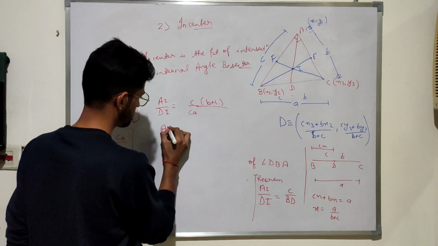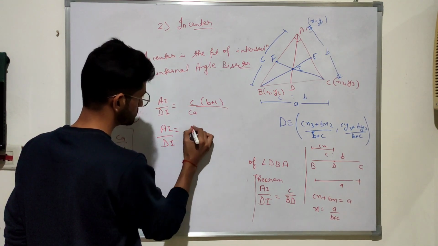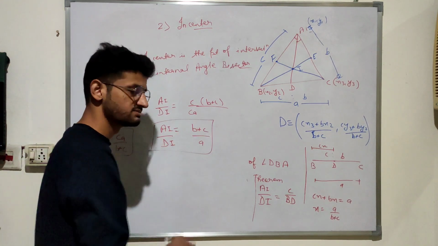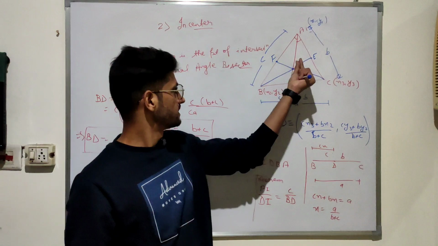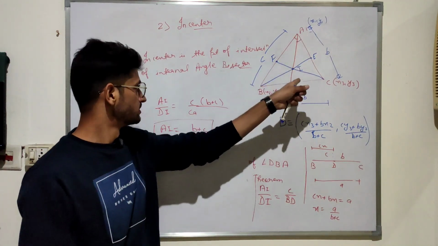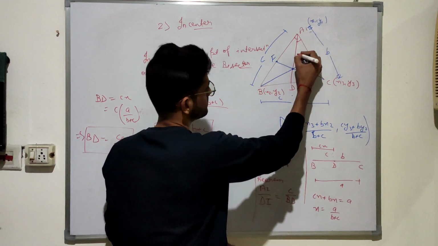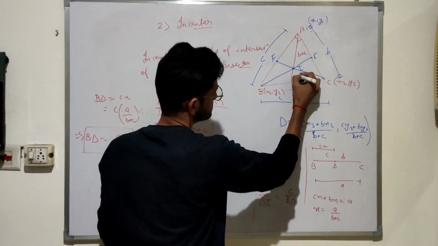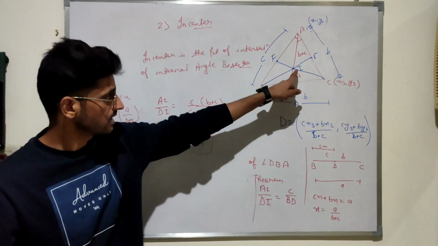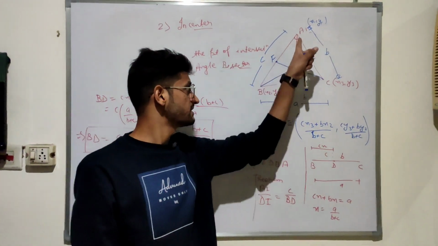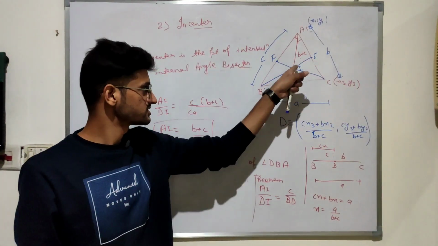After solving we get AI upon DI is equal to B plus C upon A. What this means is that we got the ratio: I is dividing side length AD in the ratio B plus C to A. So I, the incenter, is dividing the angle bisector AD in the ratio B plus C to A.